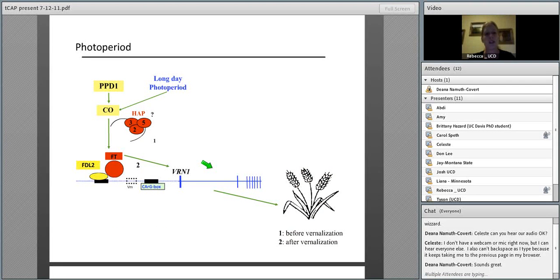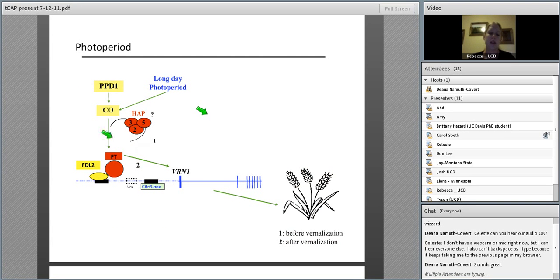So then the photoperiod pathway mainly involves the PPD gene and CONSTANS. If you see an insensitive copy of PPD, then you'll see a reduced effect of long day and short day on flowering.